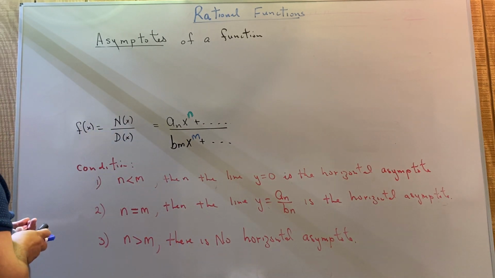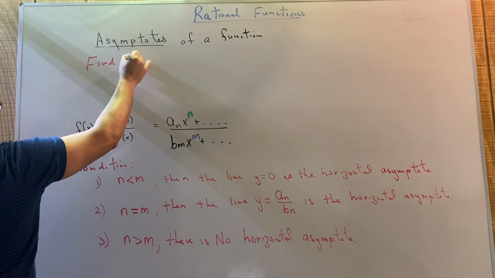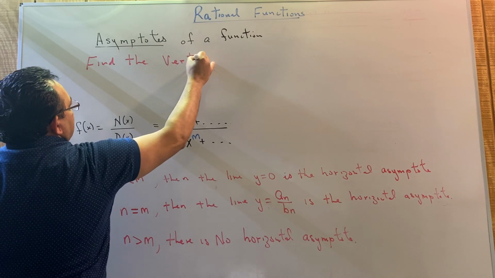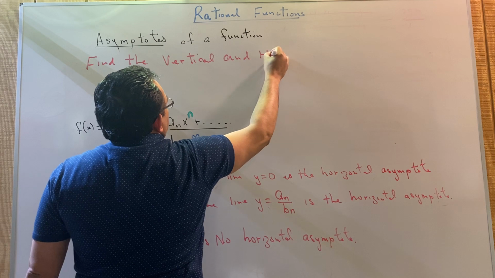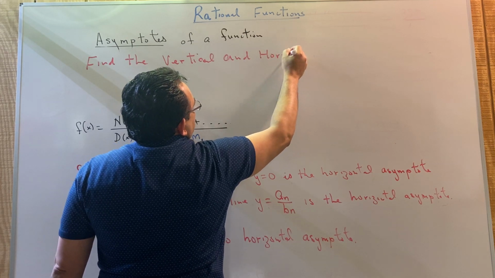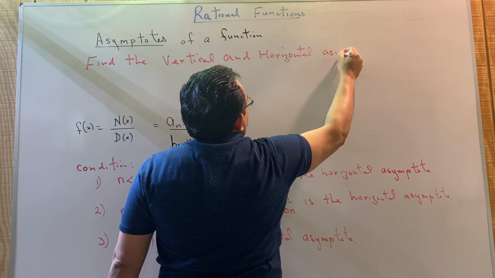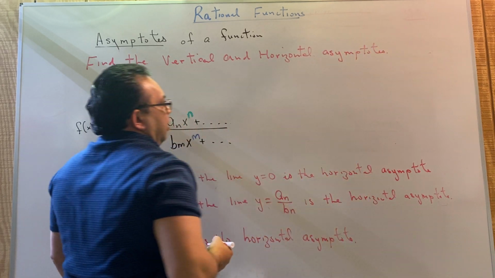Suppose now I give you a function and I say find the vertical and horizontal asymptotes, if any.